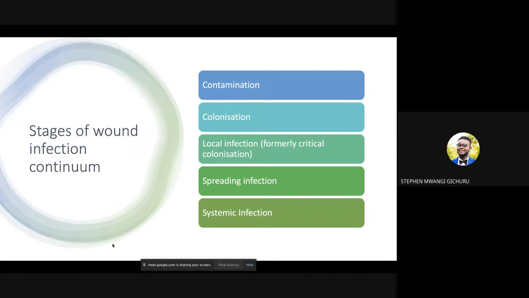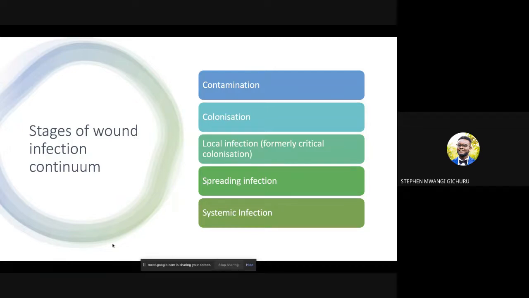So when you're thinking about all of them, the point you're worried about is when it goes from just contamination and colonization to becoming an infection, which means now you as the medical officer, or the MO, have to actually intervene. I would highly advise you to check them out, because these are things you'll see when you're on call.